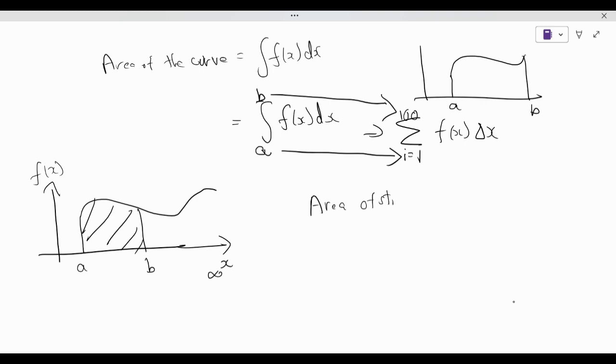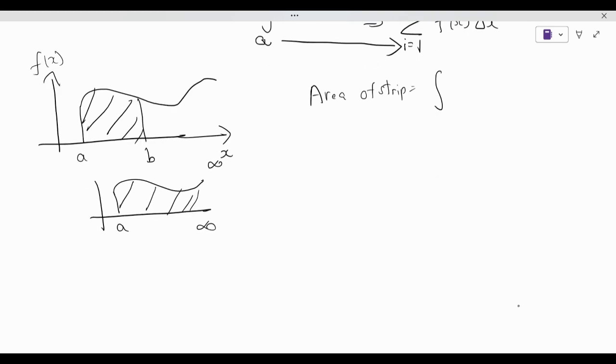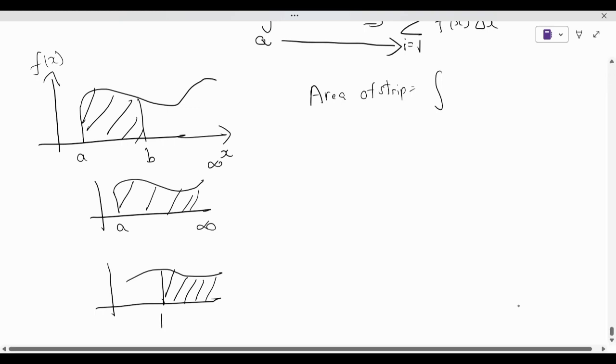Now, area of strip is equal to integral. I'm going to divide the curve into two parts. First curve, I'm going to start at A, end at infinity. Second curve, I'm going to start at B and let it end at infinity.